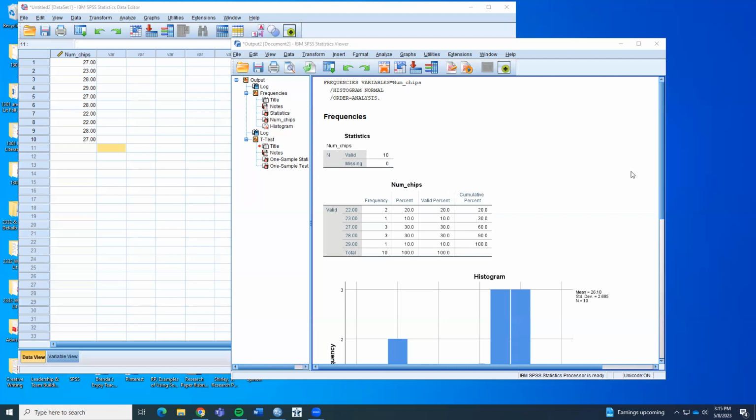So each cookie contains approximately 27.78 chips, according to Nabisco. 27.78 is our population mean. So the population value is known, 27.78. And now we need a sample of cookies, and we need to find our sample mean to see if there's a statistical difference between the sample mean and the population mean.